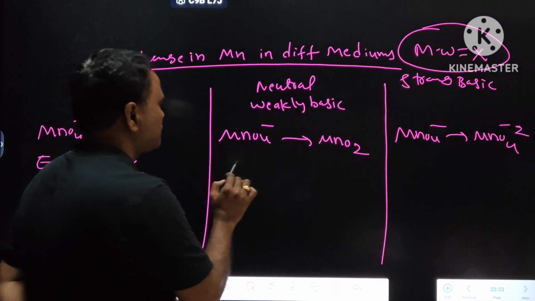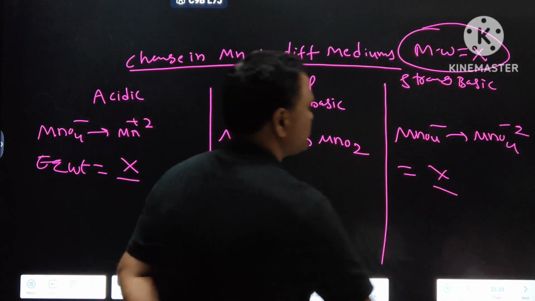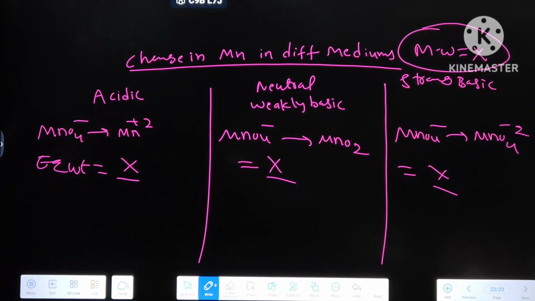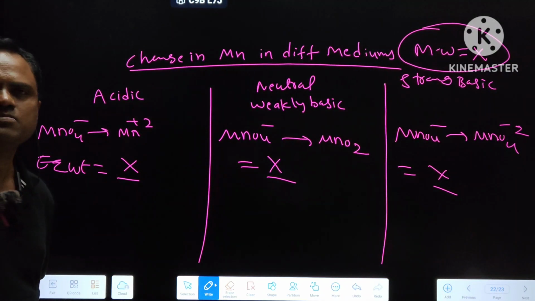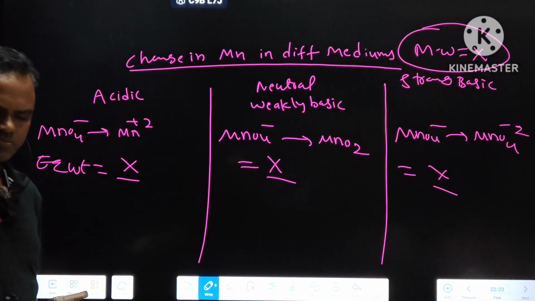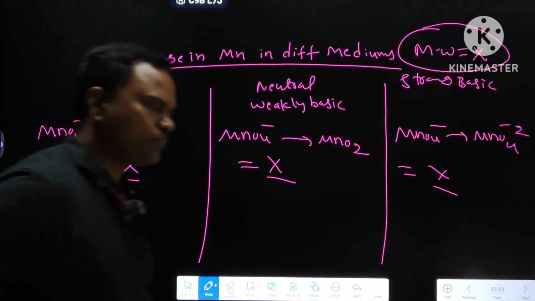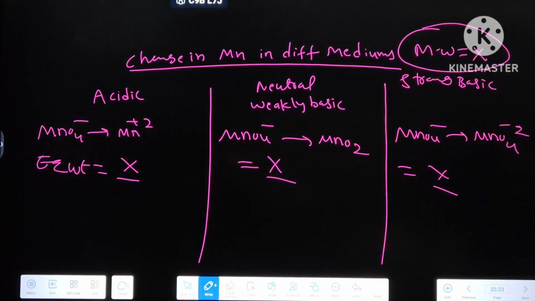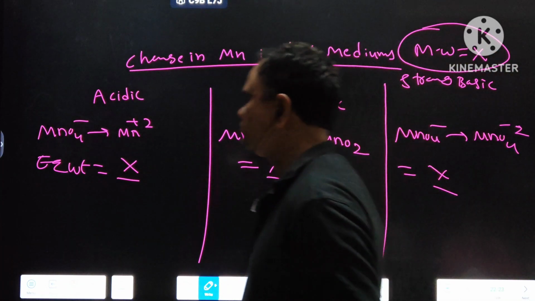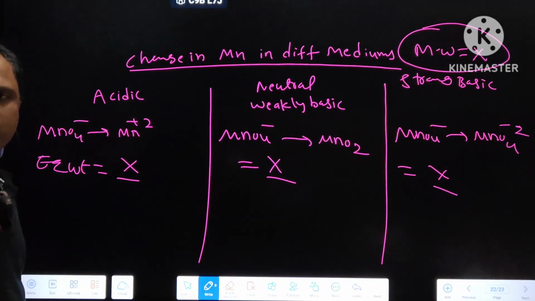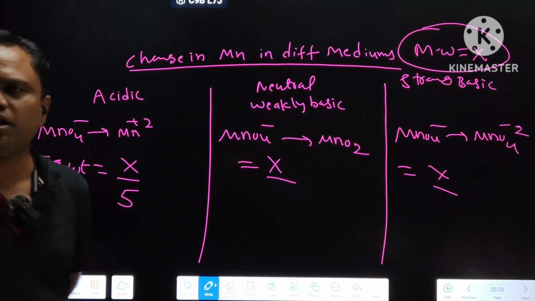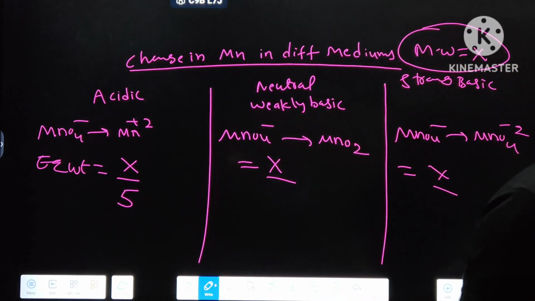The first one is X by 5. So in acidic medium, the equivalent weight of potassium permanganate is molecular weight by 5.